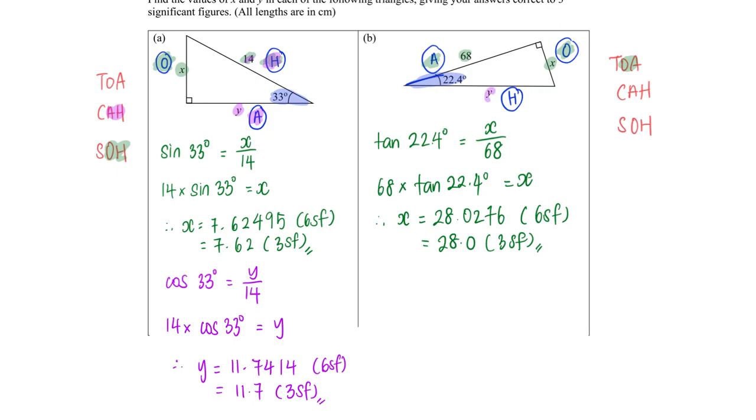So for my y is H, and I'm going to use 68. So A and H, what ratio am I going to use? Smart. I'm going to use cosine ratio now. A is 68, y is H. So in this case, I'm going to multiply by y on both sides and divide by cosine 22.4 degrees on both sides, so that you can see the following working.